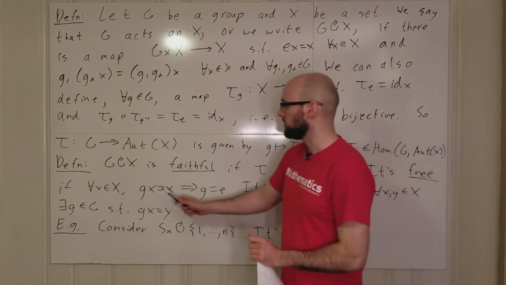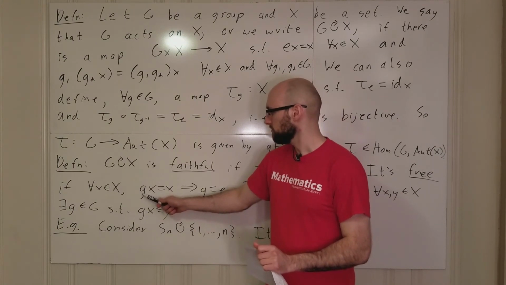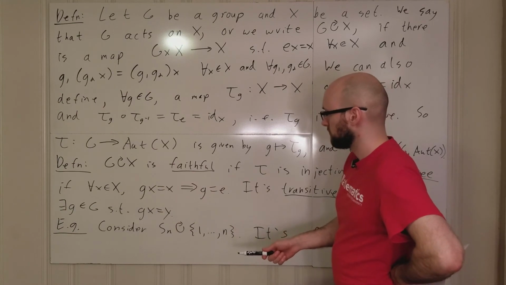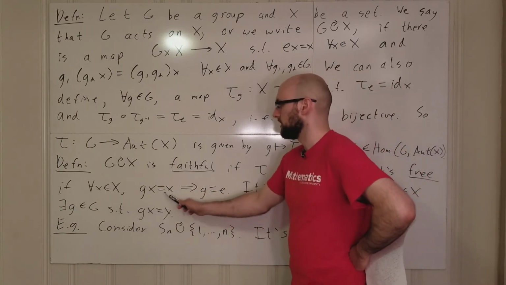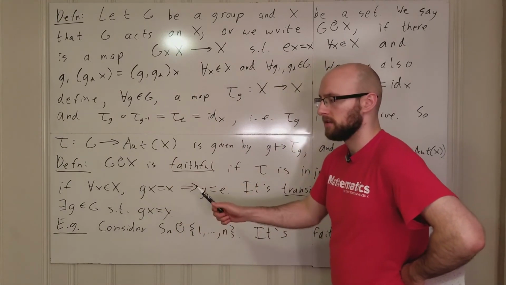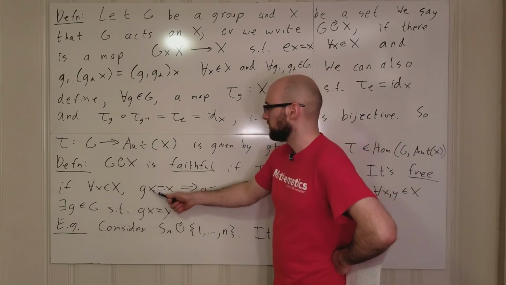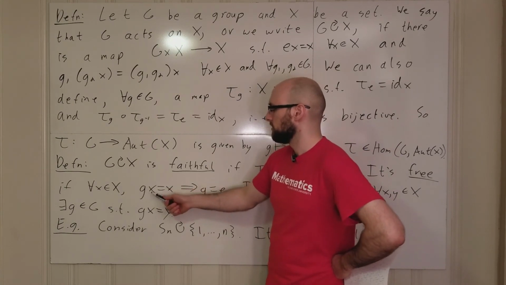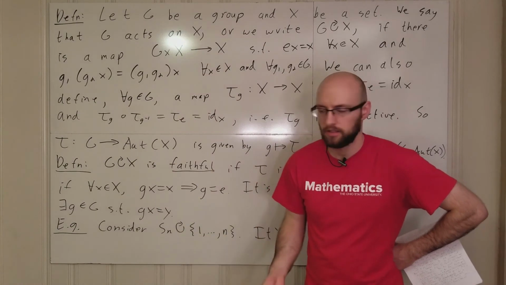So if you take an element of x, and suppose that our permutation sends that element to itself. Well, there's only two elements of S2: the identity, and the one that flips them. If it keeps the index, then it doesn't flip them, and so it must be the identity.